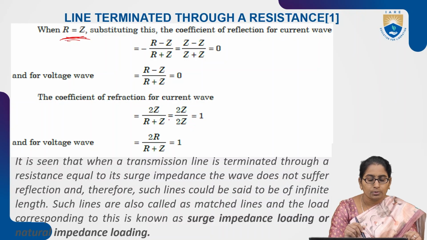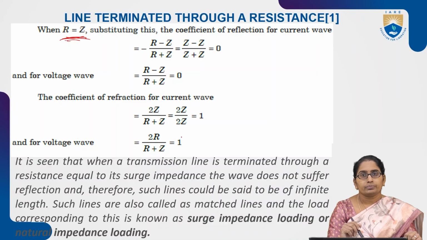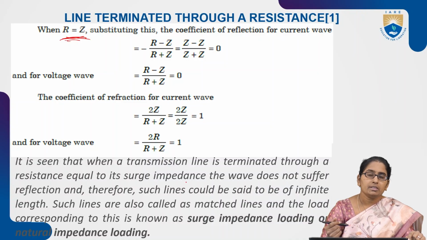That is proved here once again. Coefficient of refraction for the current wave is 2Z by R plus Z. Substitute R equal to Z, so it becomes 2Z by 2Z, which is 1. And for voltage, 2R by R plus Z, again it becomes 1. So it is maintained the same.